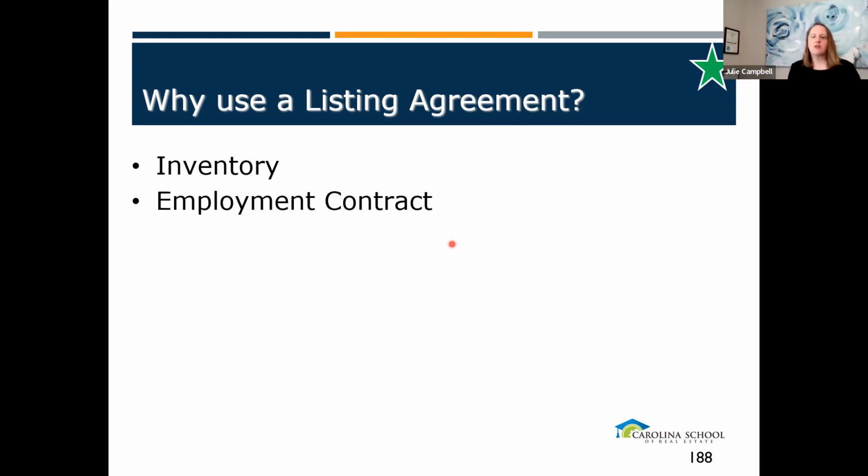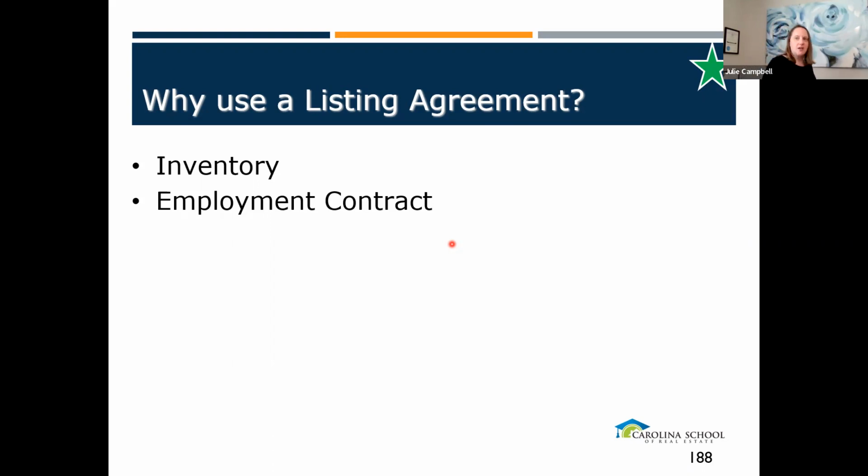So one thing the listing agreement does is it creates inventory. Our listing agreements have us pull our listings together into our local multiple listing services. We're going to officially introduce you to the MLS in just a second. By pulling our listings together, we create an inventory. So now I don't just have to worry about something that I have listed. Now I'm available to sell anything that any agent in the Triad MLS has listed.